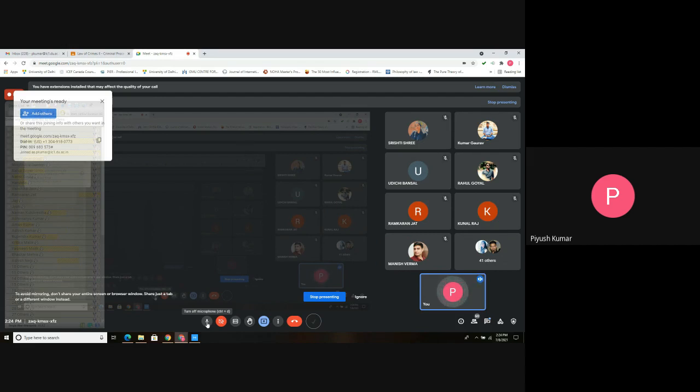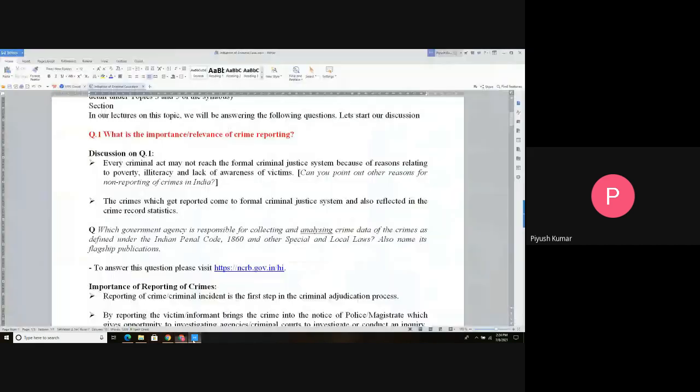One of their reports, Crimes in India, I think is the title of that report. In that report, they publish the data. The government agency is NCRB, that is correct, but you should also know the report ka naam, something like Crimes in India. NCRB also publishes other reports as well. So do visit their website, ncrb.gov.in.